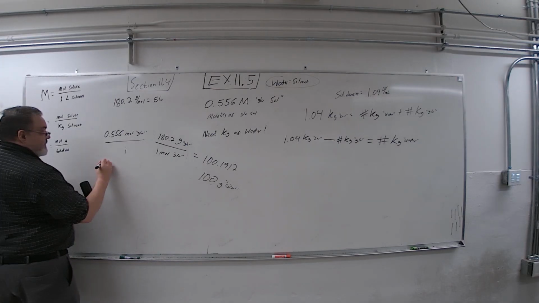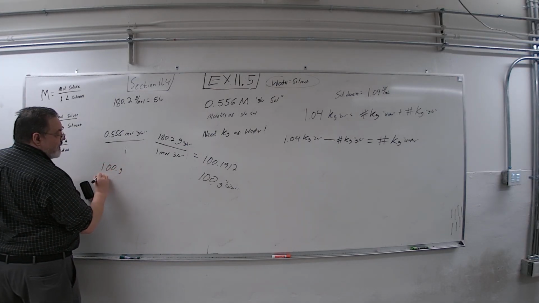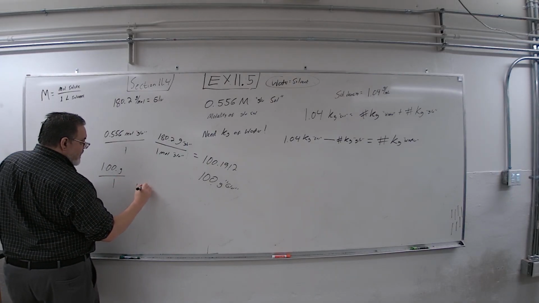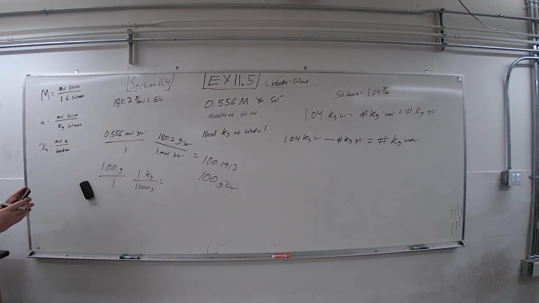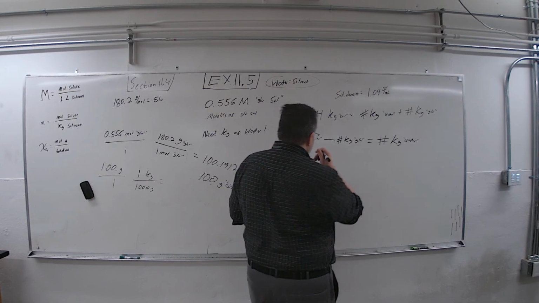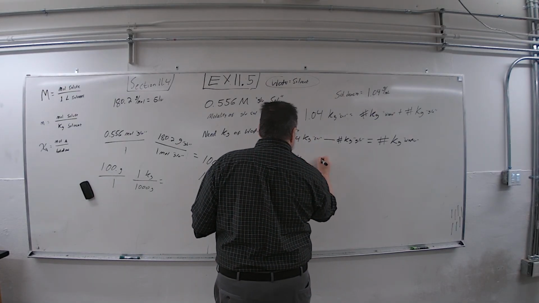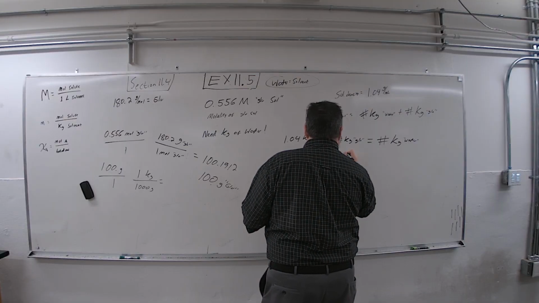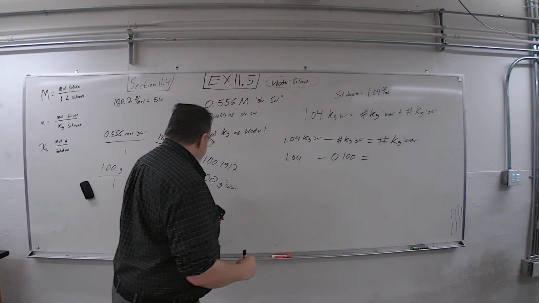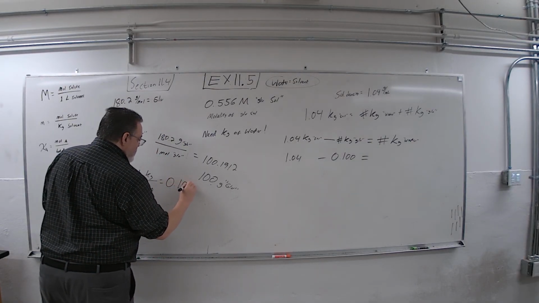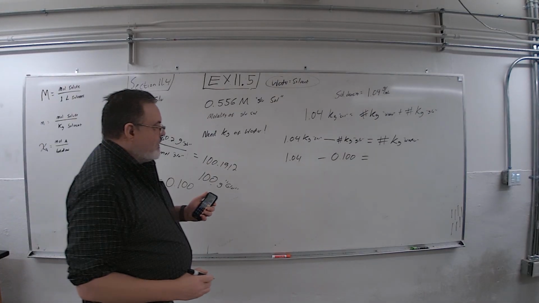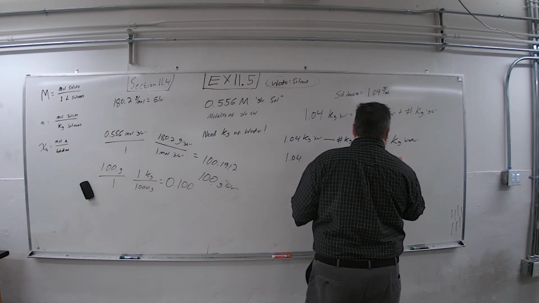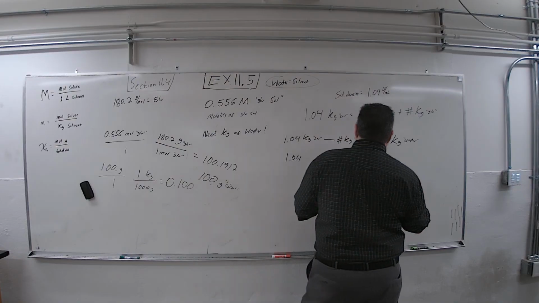Oh, I guess I need that in kilograms. Got it. 0.940, and I guess I have 3 significant figures, right?